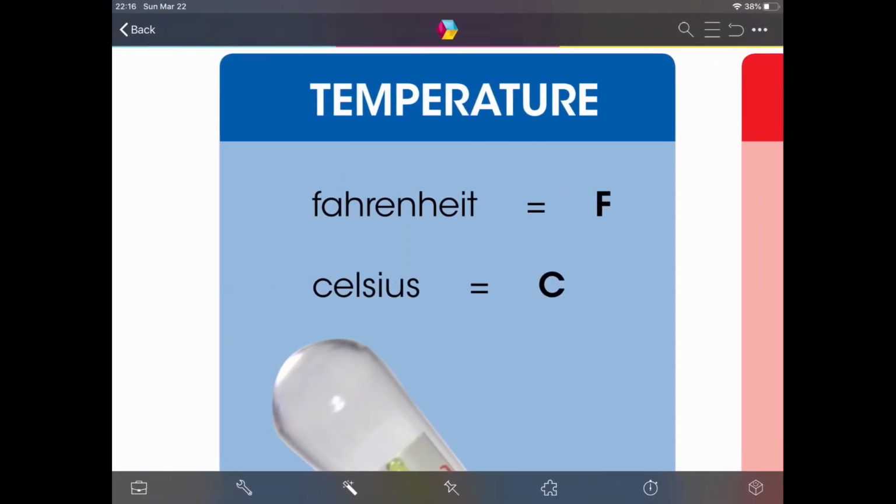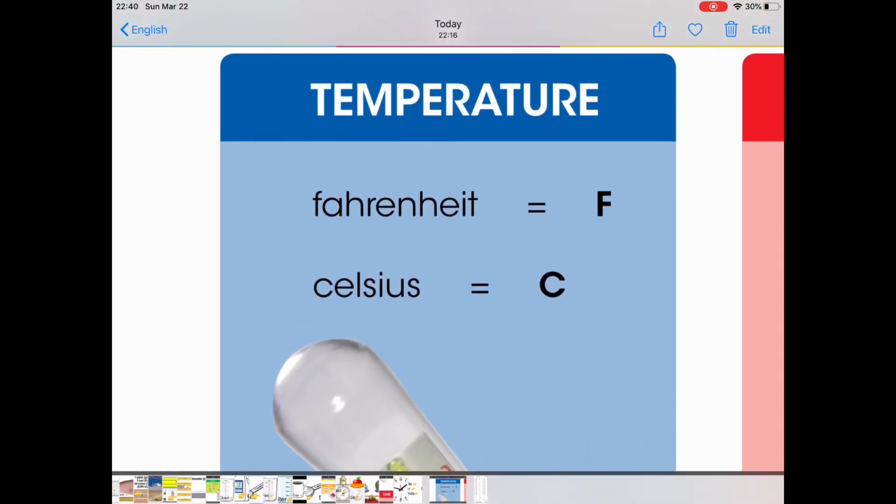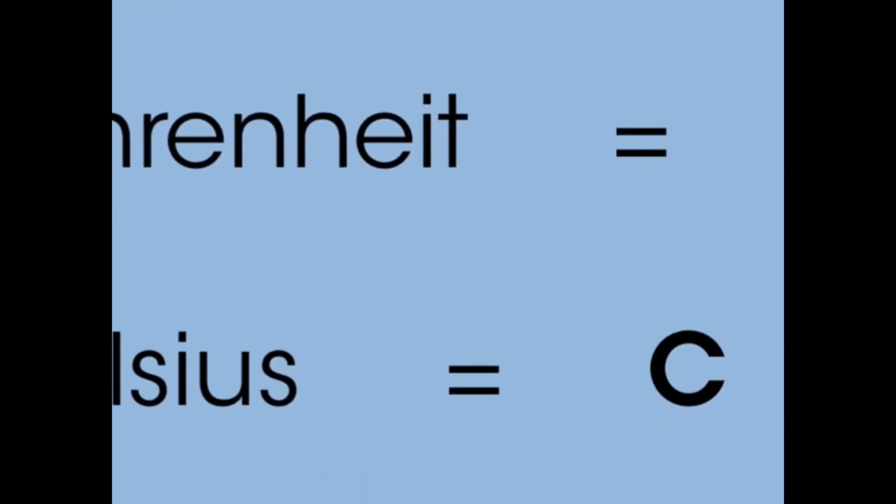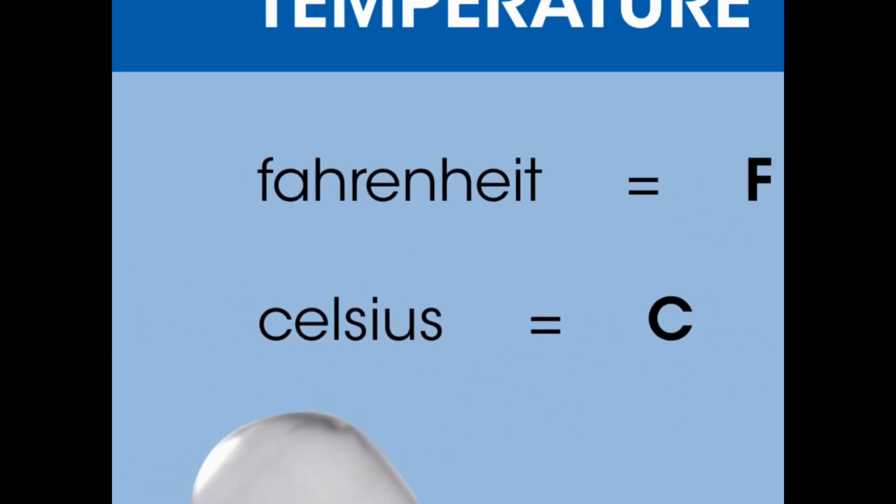Okay, the abbreviation is F and C, Fahrenheit or Celsius. So anytime that you see a thermometer and you see the letter F, that means that it is Fahrenheit. If you see the letter C, that means that it is Celsius.